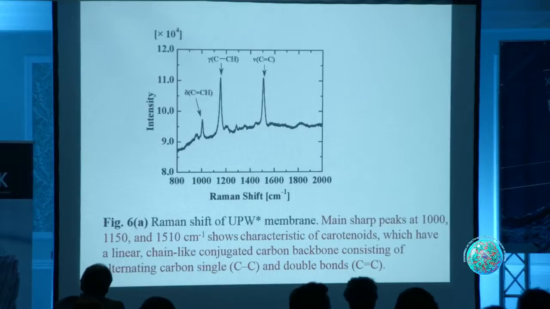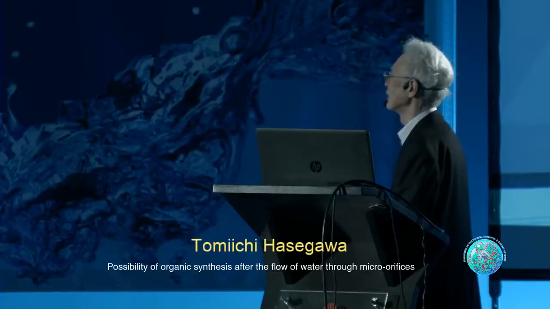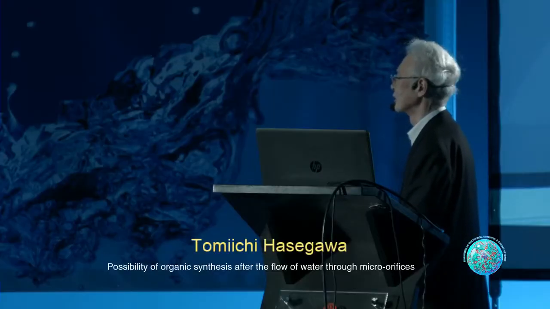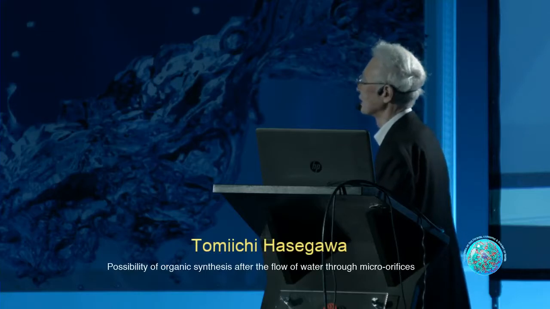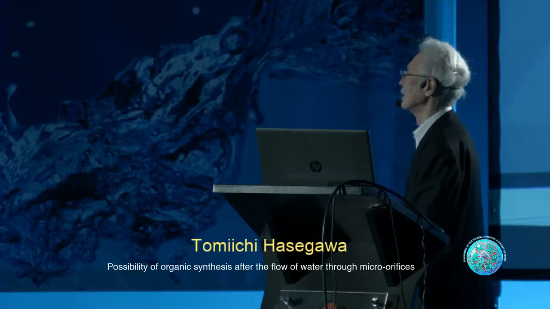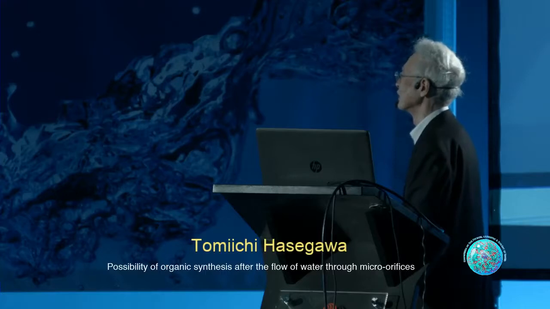We see three sharp peaks, main peaks at 1,000, 1,150, and 1,510 cm⁻¹, which show the characteristic of carotenoids, which have a linear chain-like conjugated carbon backbone consisting of alternating carbon single bond C-C and double bond C=C.